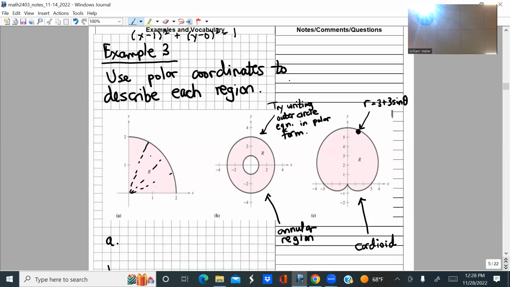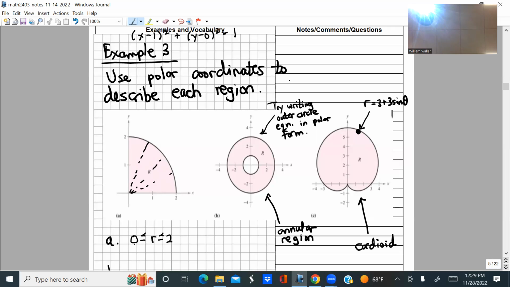Their radius is not equal to 2, but what? Less than or equal to 2, right? So you know that the R values here are less than or equal to 2. Let's also make them greater than or equal to 0, because remember, you can have negative R values too in polar coordinates. So we better be careful and set a lower bound of 0. So for every point in this region, the radius is between 0 and 2.